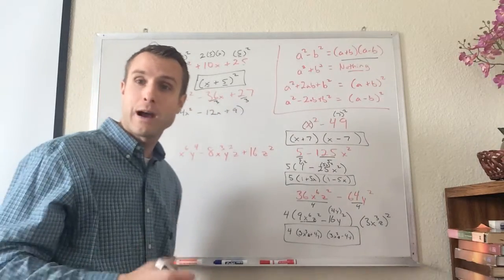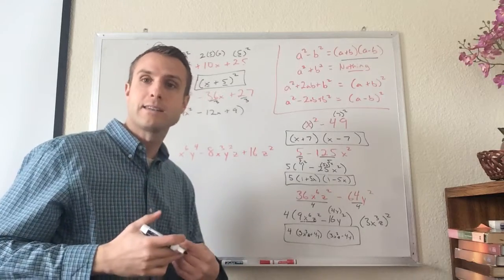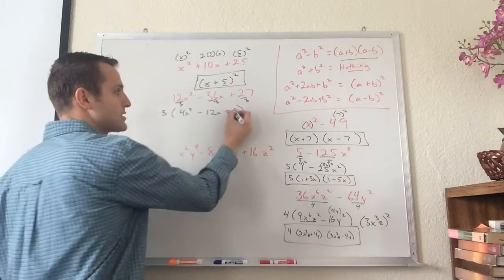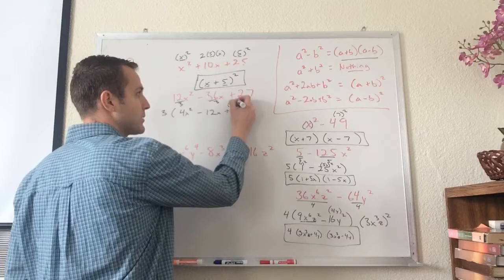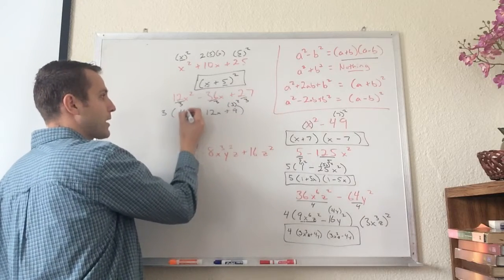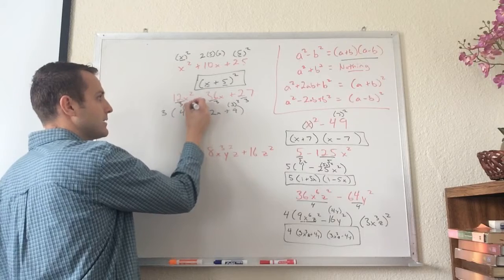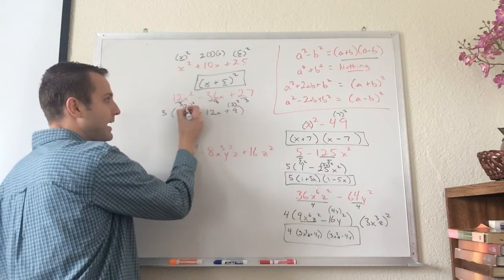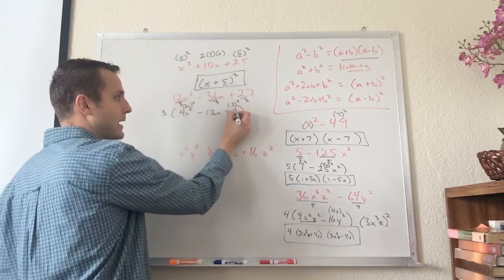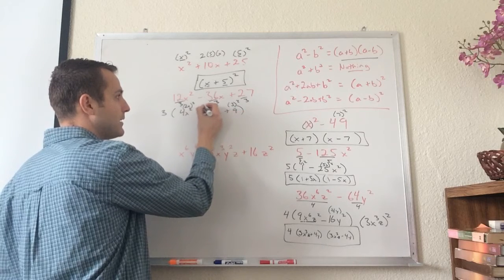Okay, now I'm going to rewrite my first and my last as what squared equals that. What squared equals 9, obviously that's 3. What squared equals 4x squared, 2x, like that. So this is my a, 2x. This is my b, 3. I can check that.